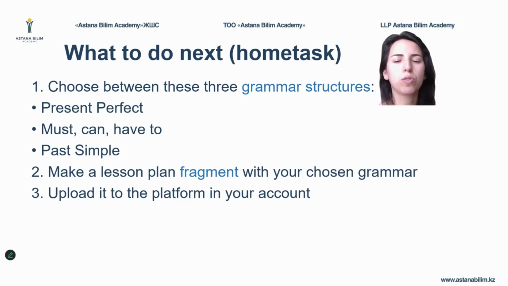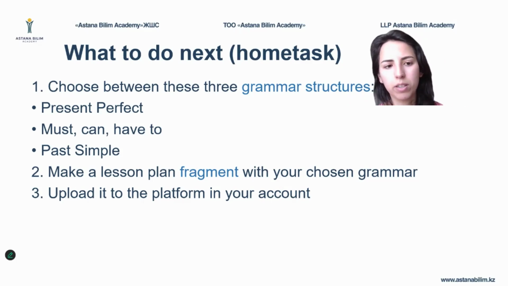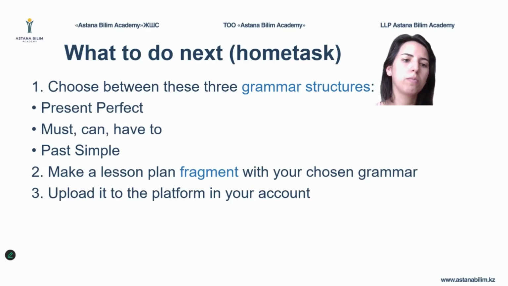So, for example, you have chosen present perfect. Please use CCQs and timelines. If you have must, can, have to, use concept checking questions, use pictures, use examples, maybe famous people, sportsmen, and so on. I will give again the link to Graham Workman's book with CCQs and timelines.